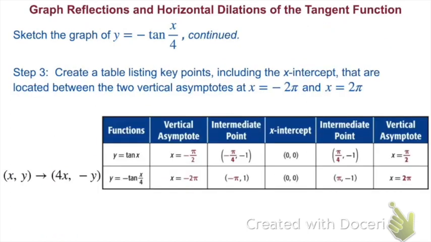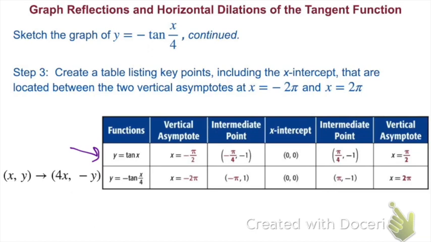So we have our parent function here on the top again, what it usually is, and then we're going to apply our transformation. Since our period is now 4 pi instead of pi, we multiply the x variable by 4. We have a negative out front of the tangent, which is a reflection, so we multiply the y-coordinate by negative 1.